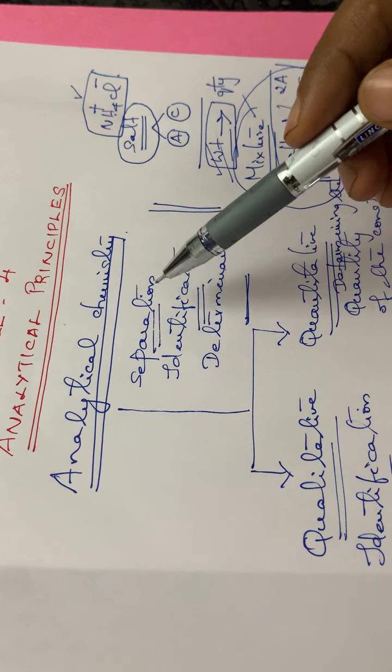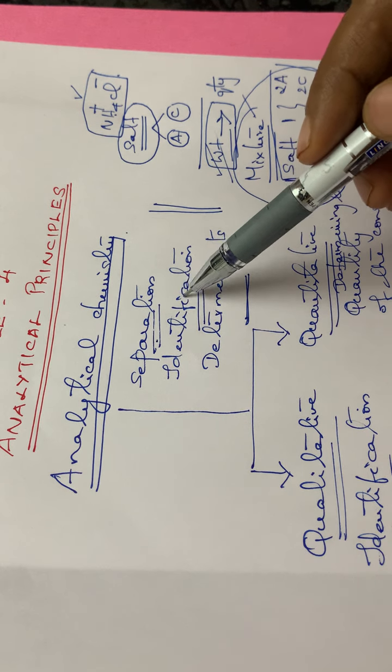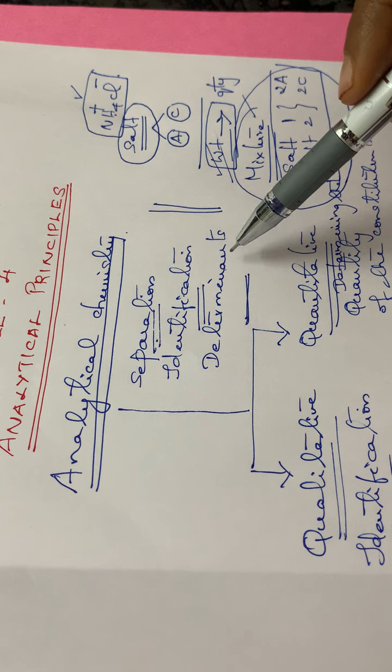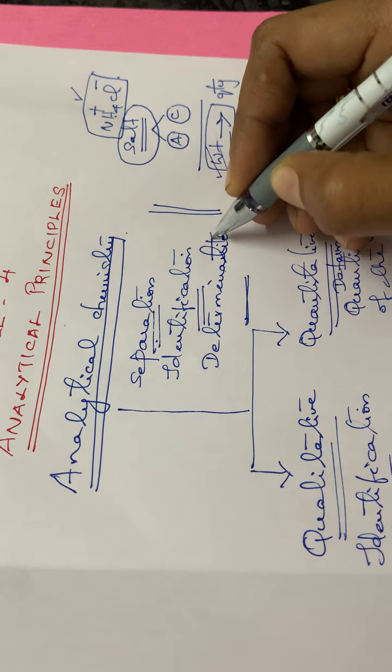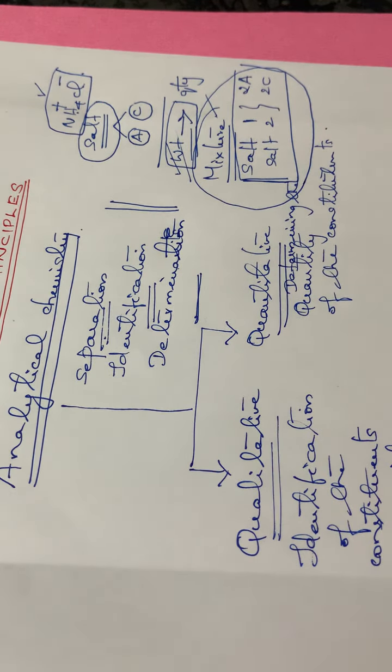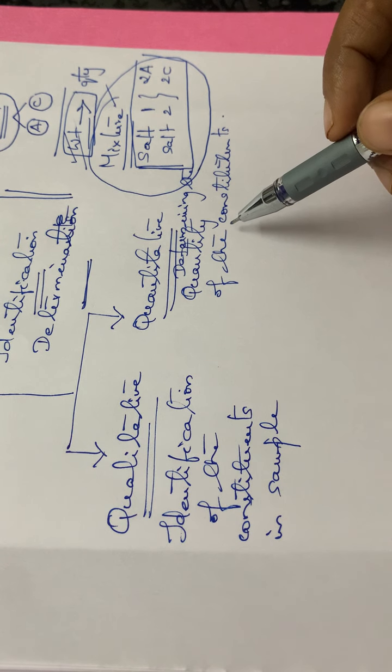So analytical chemistry is the branch of chemistry which deals with the separation, identification and determination of the constituents of a given substance, and mainly classified into two categories, qualitative as well as quantitative analysis.